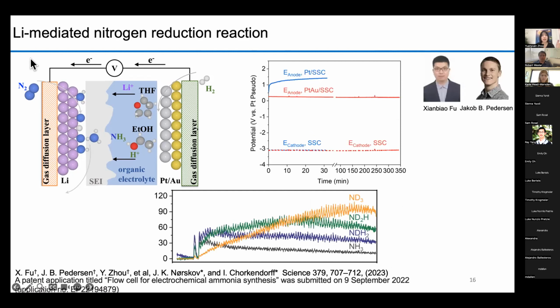For instance, on the anode side, we have always used THF oxidation to produce the protons for the ammonia synthesis. We want to have new cells that use hydrogen oxidation to produce the protons, because hydrogen can be produced from water splitting, so that ammonia is produced in a sustainable way.